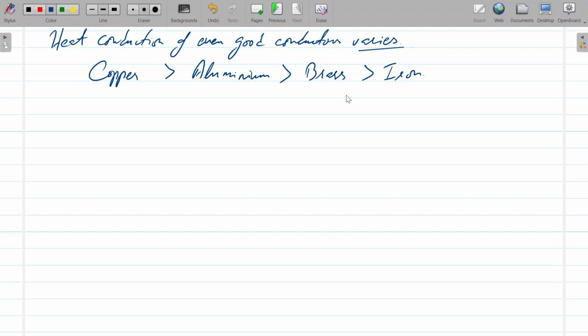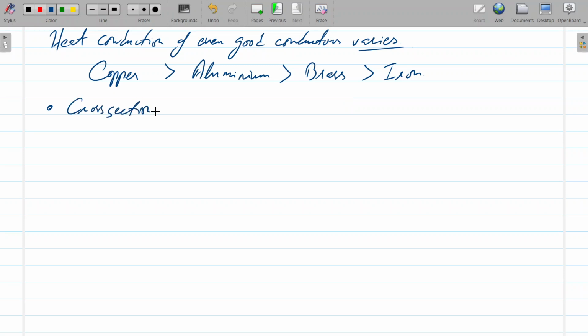Now, how fast is the thermal energy conducted? It depends on the cross-sectional area, the length, and the temperature difference. These are three factors.